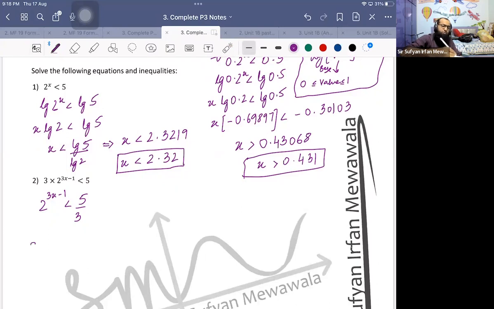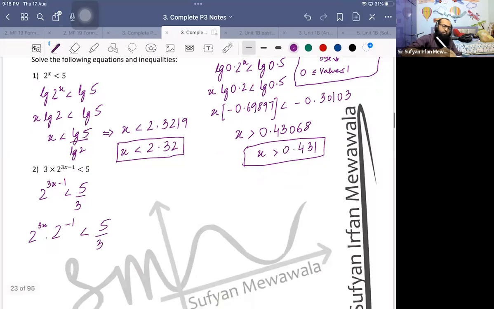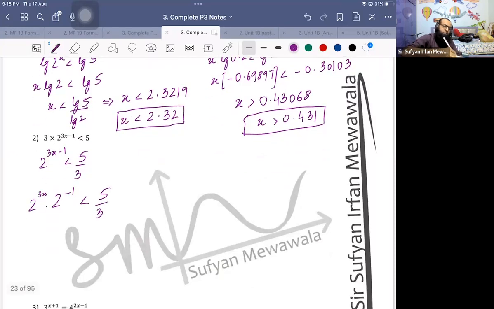It is better to split the powers. If you remember laws of indices, 2 power 3x minus 1 means 2 power 3x multiplied by 2 power minus 1, or we can say 2 power 3x divided by 2 power 1, is less than 5 over 3. Now 2 power 3x means 2 power 3 whole power x, and 2 power minus 1 means 1 upon 2.